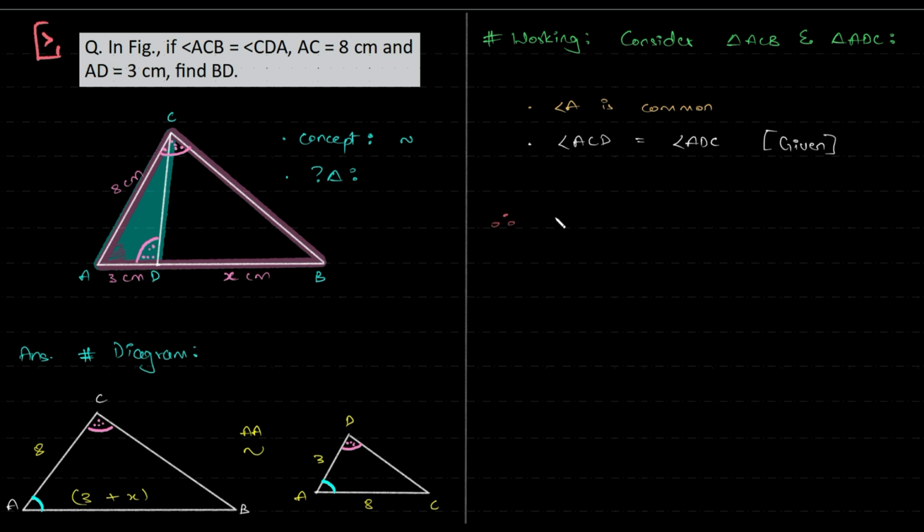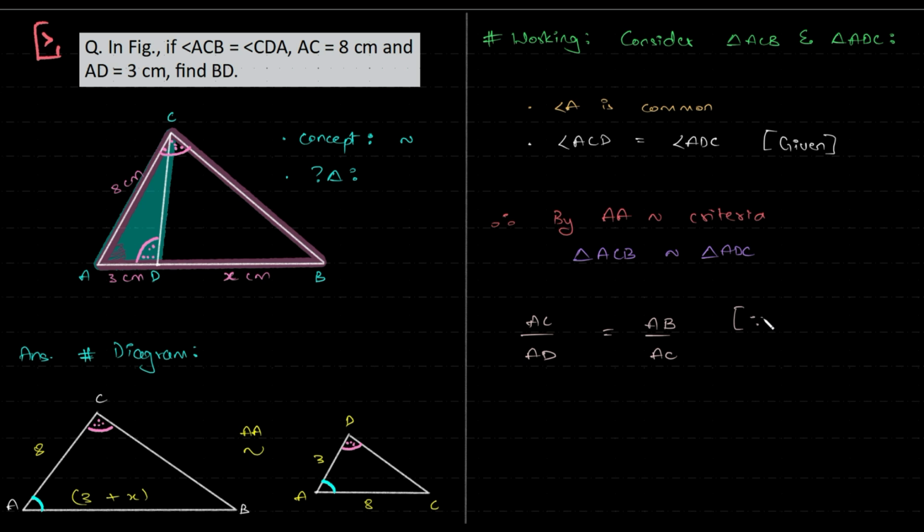And thus we have by AA similarity criteria, what do we have? Triangle ACB is similar to triangle ADC. And so we have AC by AD is equal to AB by AC.